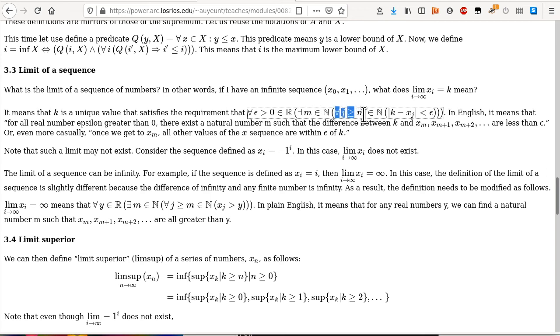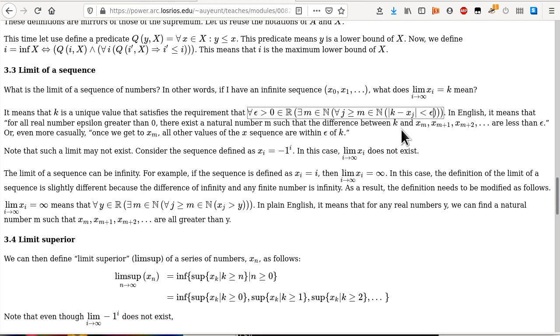This is another quantifier, which is basically saying if you consider every single j that is at least as large as m as a natural number, the following has to be true: the difference between k, the constant coming from this notation here, and x of j. Remember x is an infinite sequence, and j is just an index into the sequence.